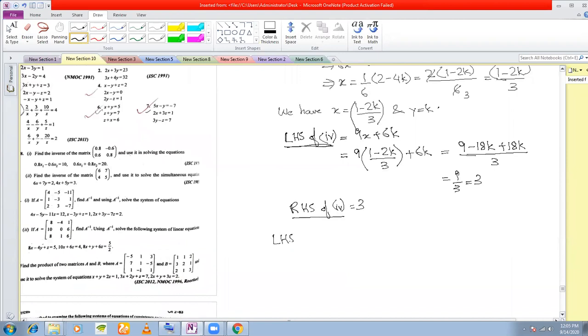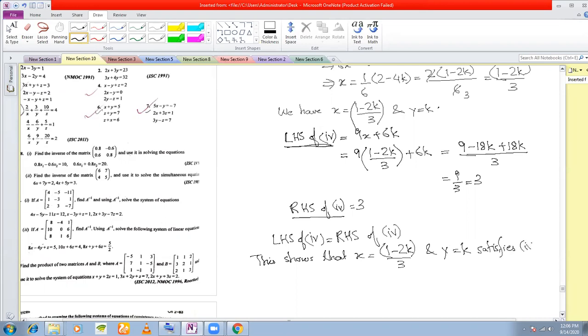LHS of 4 is equal to RHS of 4. This shows that x is equal to 1 minus 2k by 3 and y is equal to k satisfies 4, isn't it?